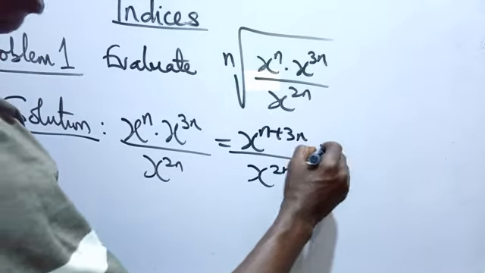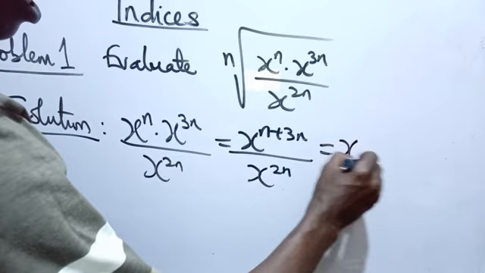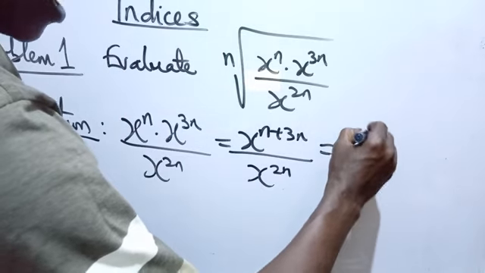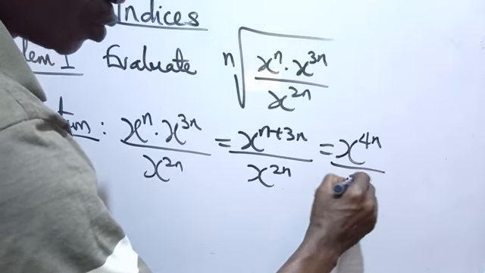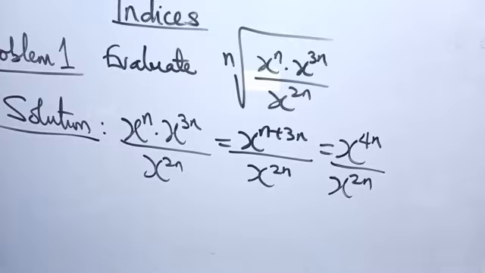So this will give us what? x raised to the power n plus 3n, that is 4n, now everything all over x raised to the power 2n. I hope you are getting that.